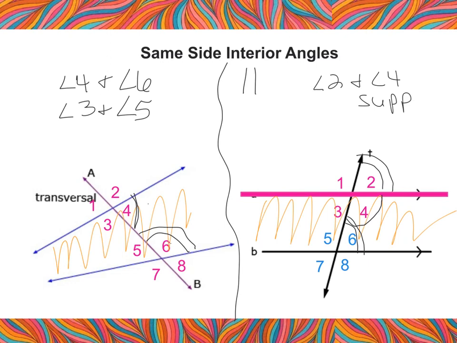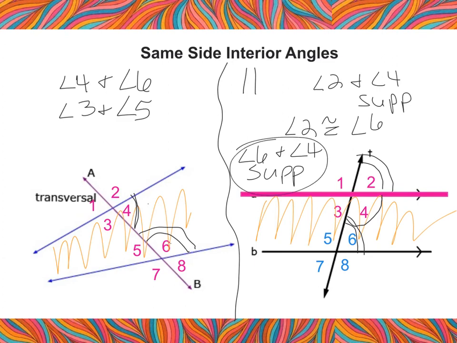We also know that angle 2 is congruent to angle 6, so I can substitute the measure of angle 6 for the measure of angle 2 to conclude that angle 6 and angle 4 are supplementary. So the big idea here is that when these lines are parallel, same-side interior angles are supplementary.